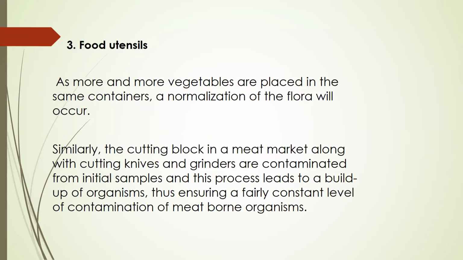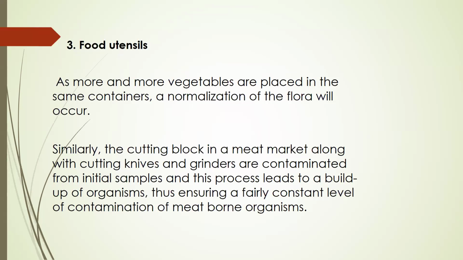Food utensils, like I said earlier, as more and more vegetables are placed in some containers, a normalization of microorganism flora will occur. Also, in the house, we cut fish, we cut our meat, we have a cutting block or what we call the chopping board. Some houses don't have a separate cutting block or chopping board for meat and fish.